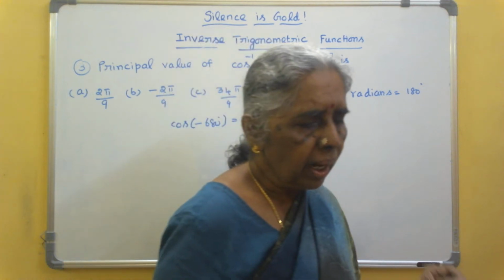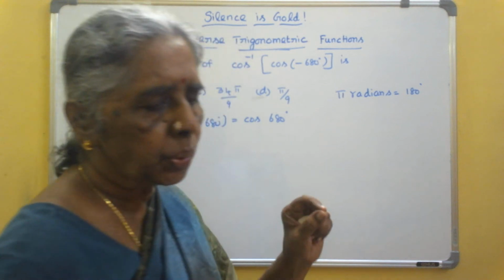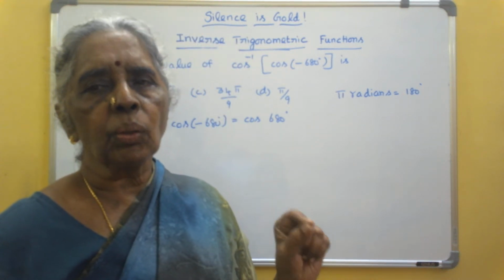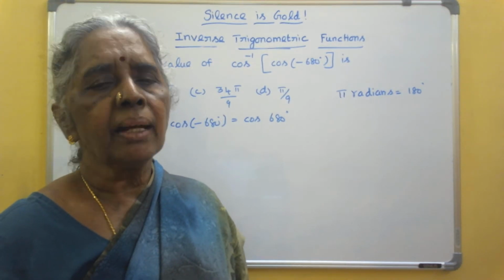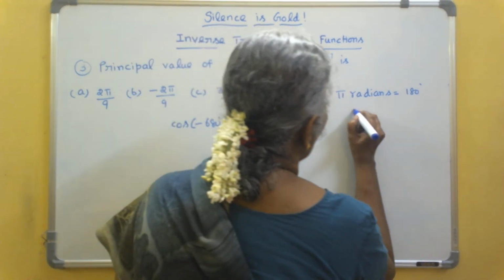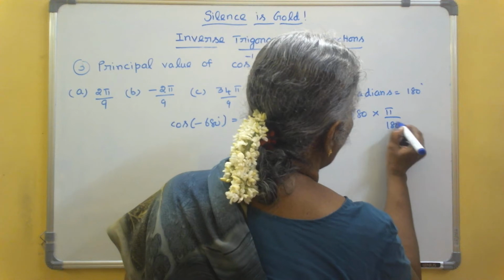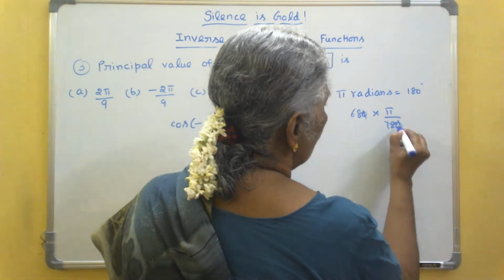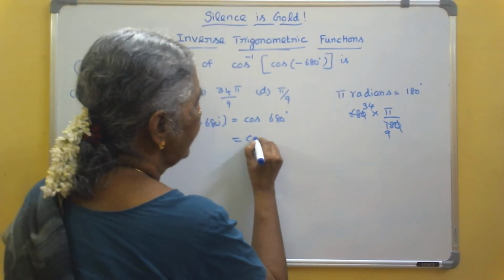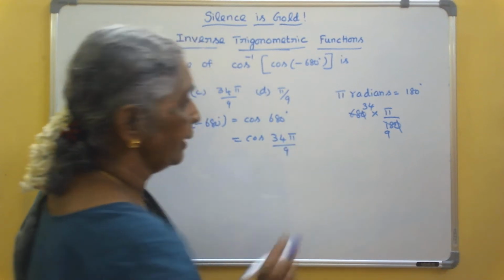So, now I have to convert this, means I will write it is into pi by 180 so that I will get in terms of radians because the degree, if I want to convert it to radians, into pi by 180. So, 680 into pi by 180. This and this will go. 2 you can cut here, 34. So, I can write this as cos of 34 pi by 9, right?